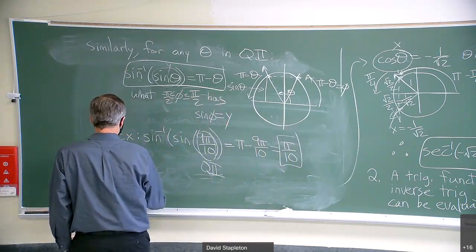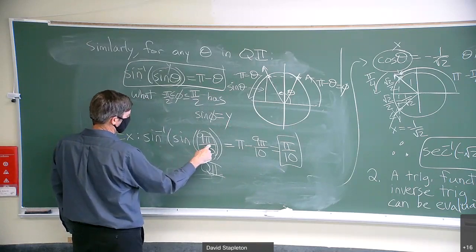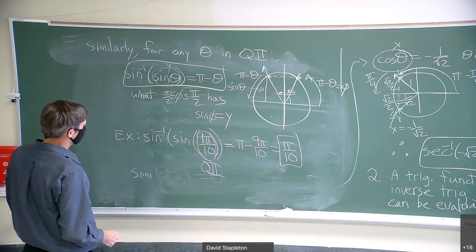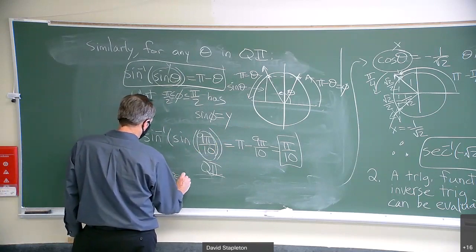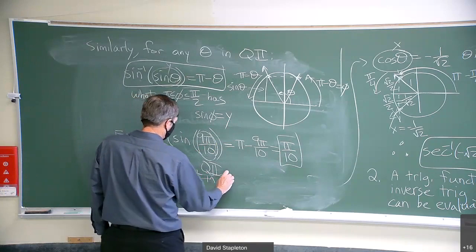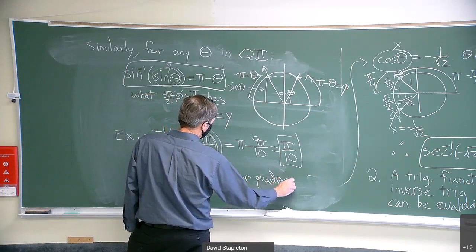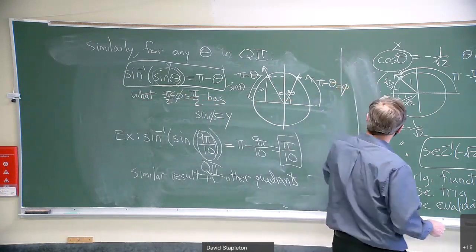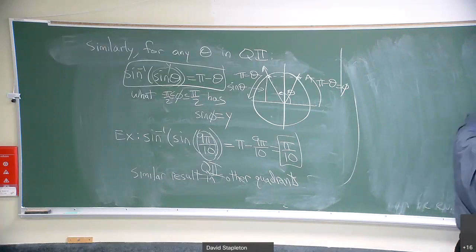But what that shows then is you can take the same inverse trig function of a trig function of non-special angles, and find the exact result just by subtracting it from pi. Okay. And then you can do the same with cosine. And tangent.